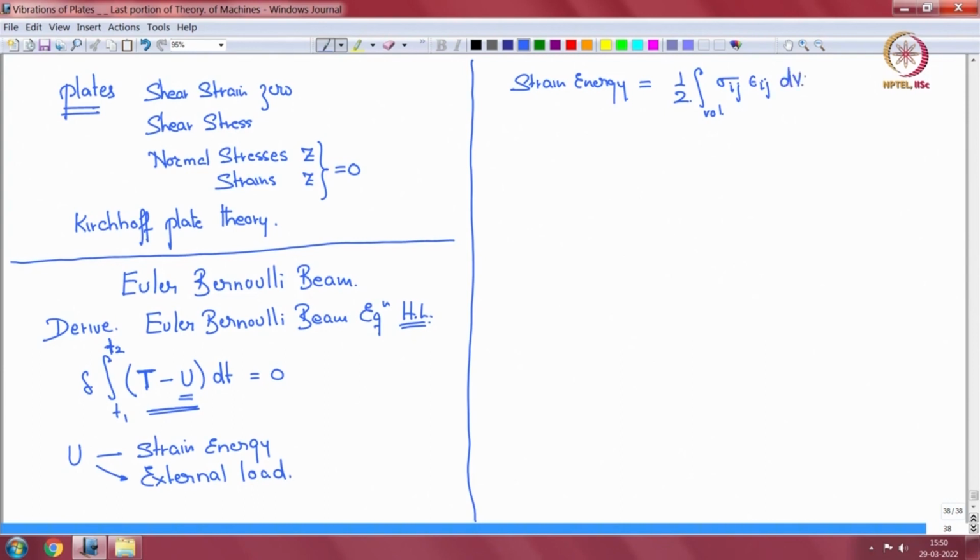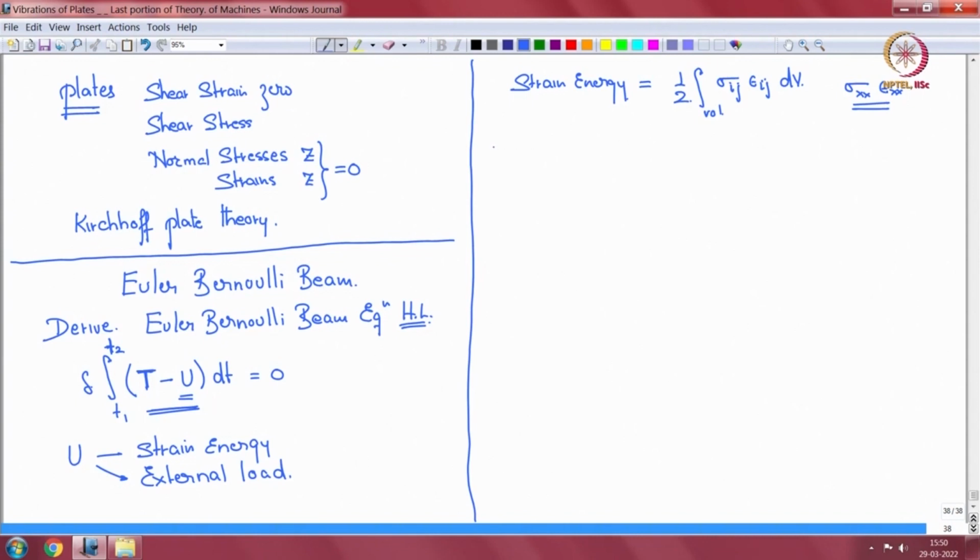For our case of the Euler Bernoulli beam theory, only sigma x and epsilon x survive, every other term is 0.